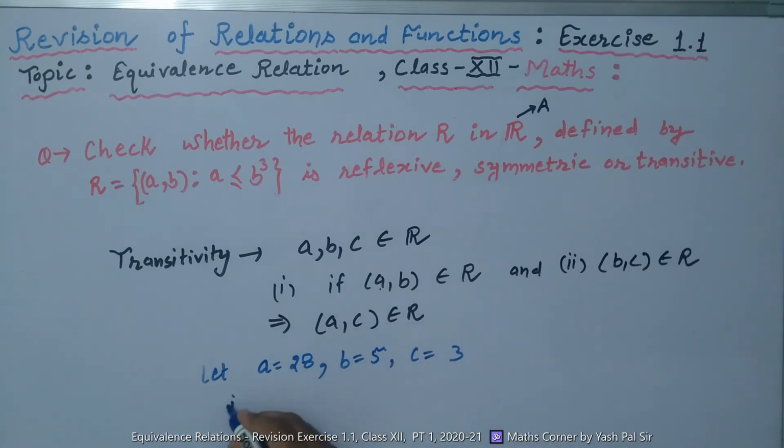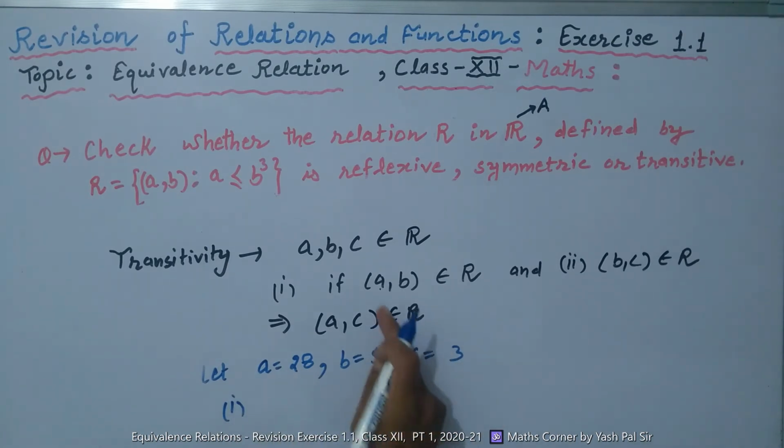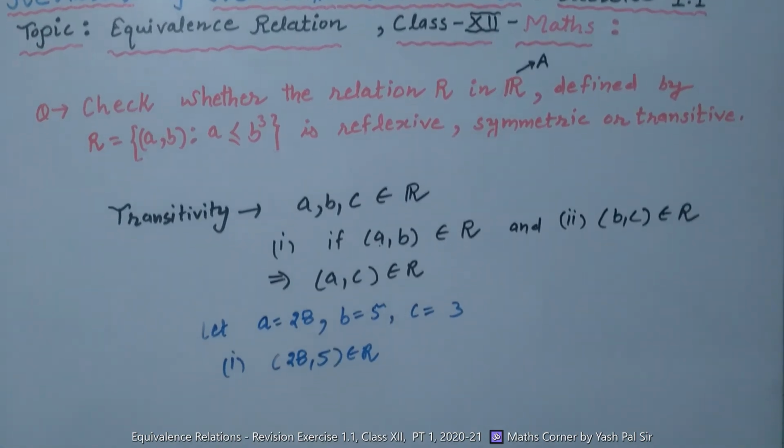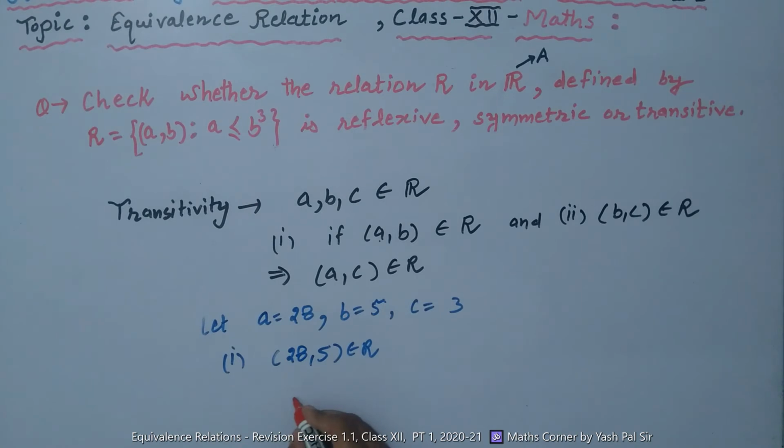Then, number 1, let us see whether (a, b), that is (28, 5), belongs to R. Why does this belong to R? Because 28 is less than or equal to 5 raised to power 3 is true. So the first pair belongs to R.